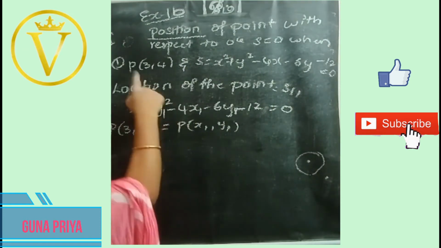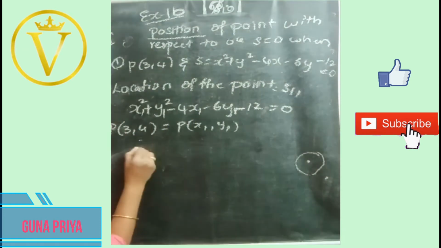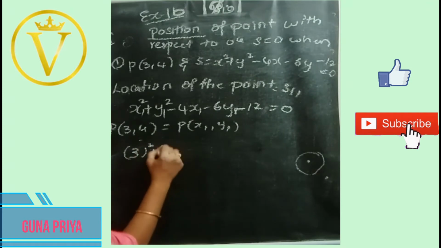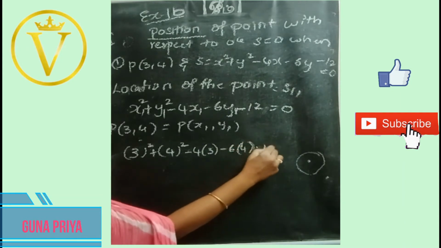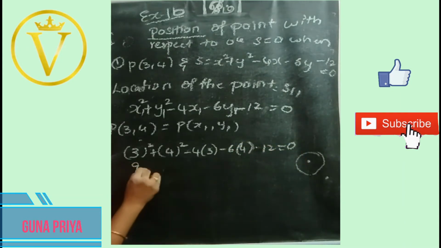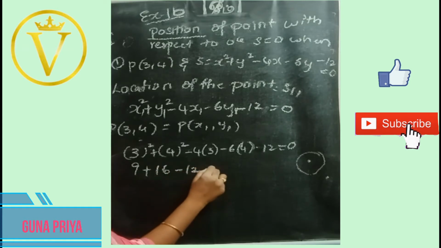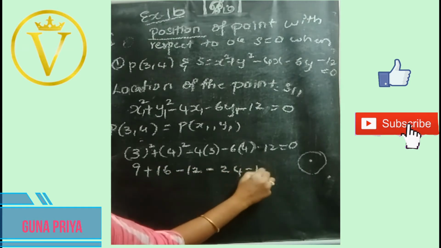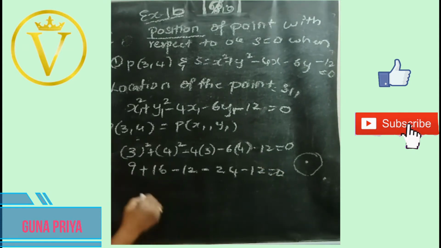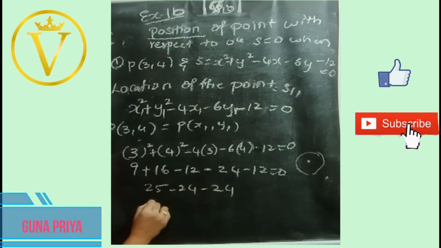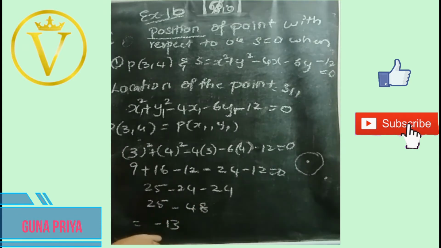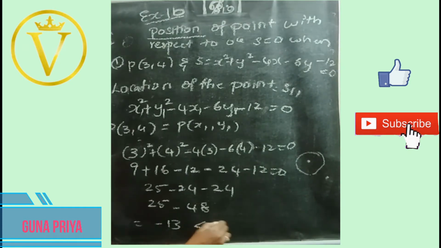Now substitute x1 is 3 square, y1 is 4 whole square, minus 4 into 3 minus 6 into 4 minus 12 equals 0. 9 plus 16 minus 12 minus 24 minus 12. 25 minus 48 equals minus 13. Is it less than 0 or greater than 0? It is less than 0.